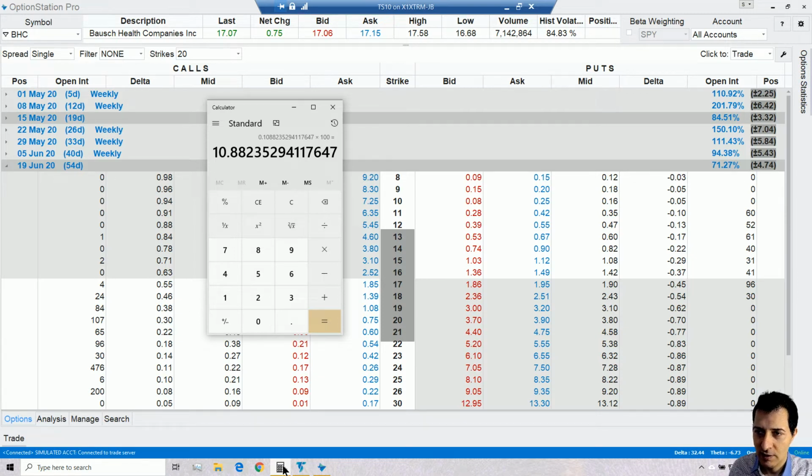In the case of Tiffany's, I only need 1.8% of the cost of the stock to be in an options trade until June. In the case of BHC, I need 10% of the cost of the stock to be in a call.